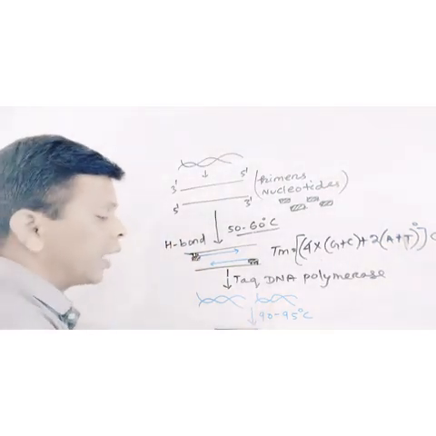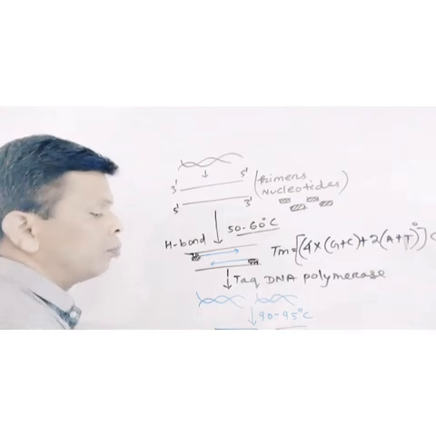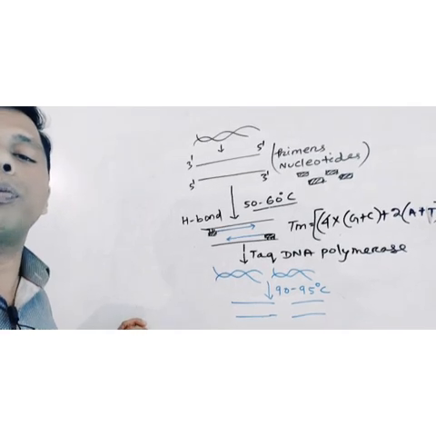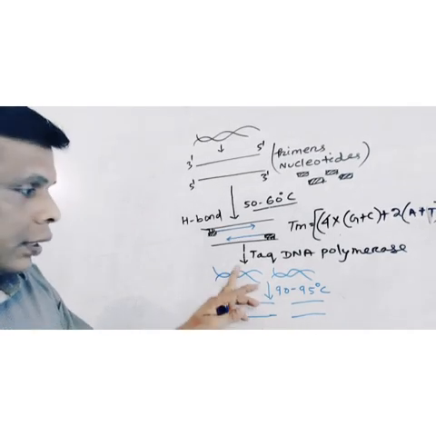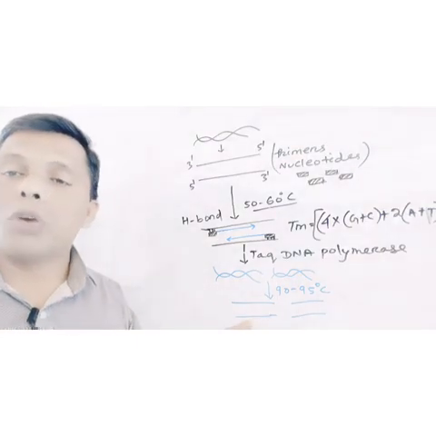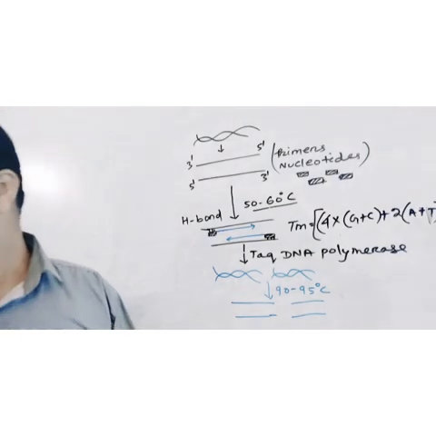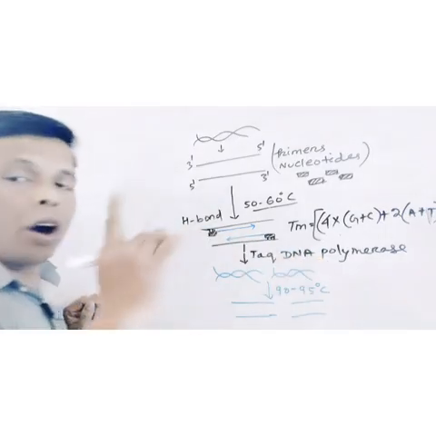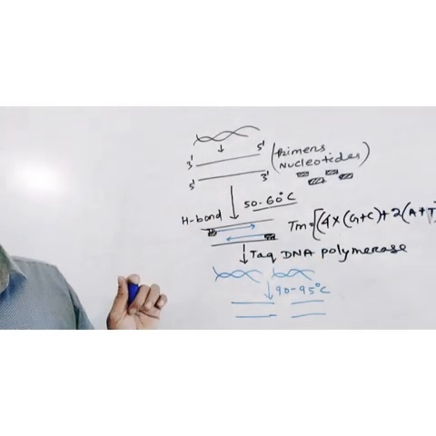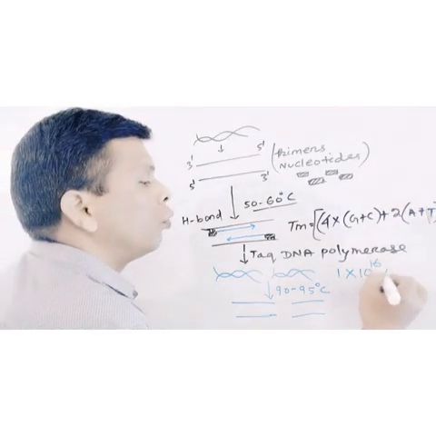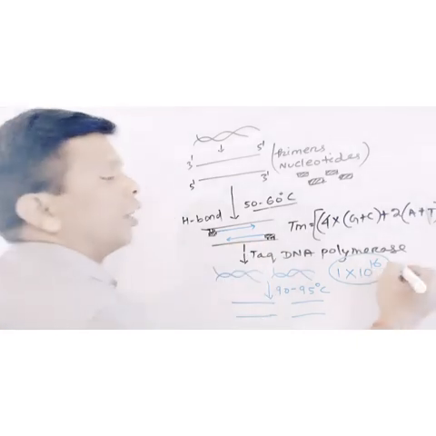For the second cycle, we have taken 2 strands and at the end of the second cycle we obtain 4 copies. In this way, after 20 cycles, the number of DNA strands is about 1 into 10 to the power 16.